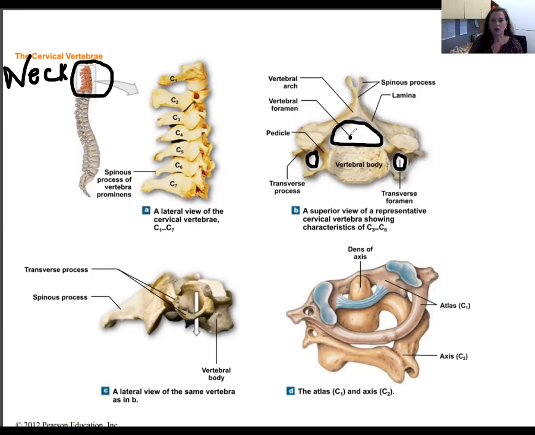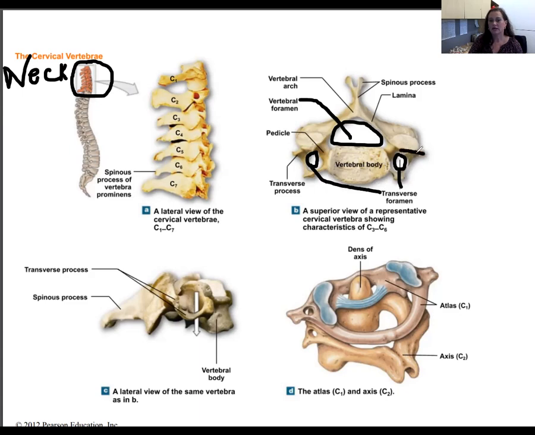So this big hole right here is your vertebral foramen. Foramen again means hole. So this vertebral foramen means the big hole in the middle of the vertebrae. Then these 2 side holes here are your transverse foramen.